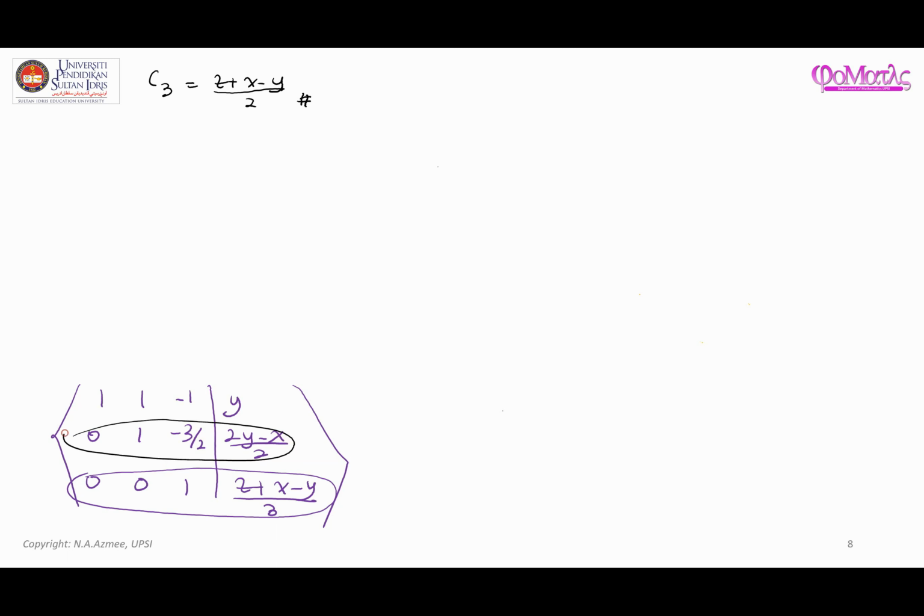And based on this, we have C2 minus 3 over 2 C3 is equal to 2y minus x over 2.